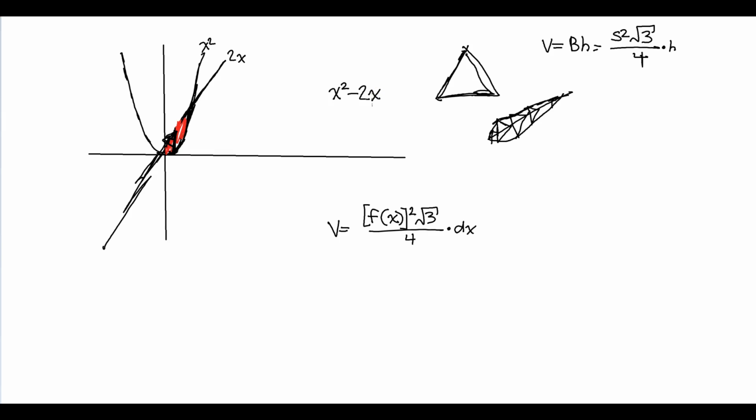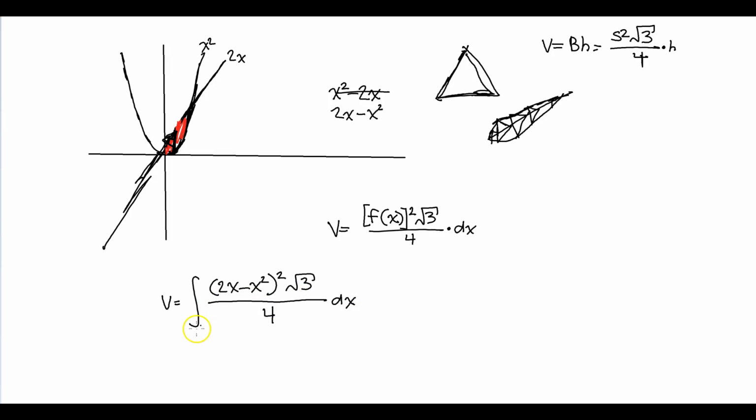So what we have to do is integrate the distance between them, not x squared minus 2x but 2x minus x squared, since 2x is on top and we have to keep it positive. So you have 2x minus x squared, squared, times root 3 over 4 dx.